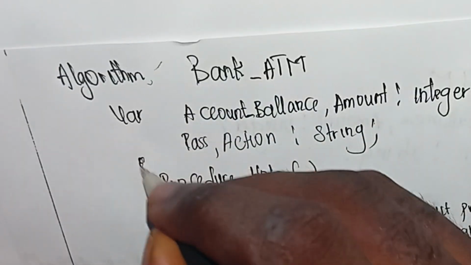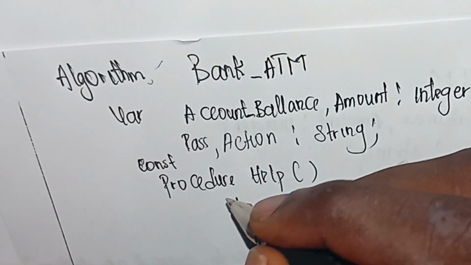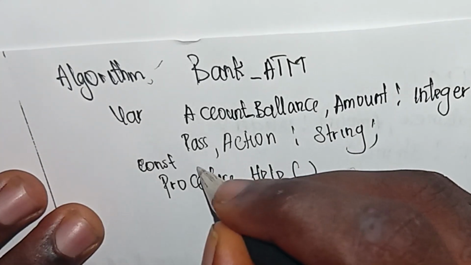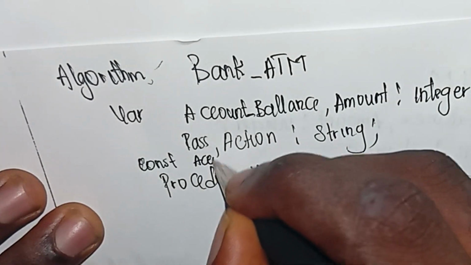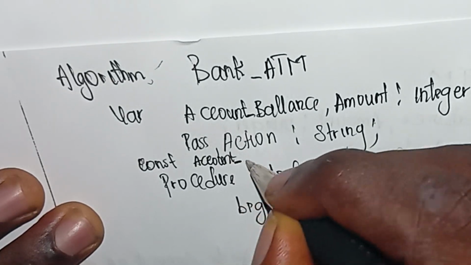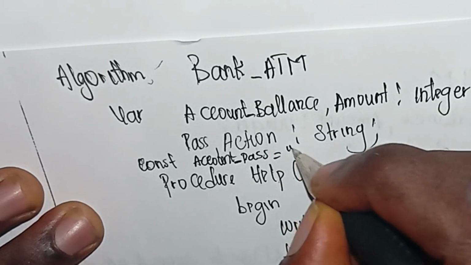So let's create the constant keyword, and we want to write the constant name, let's call it account pass. This is so inefficient, but we want to set it to code it.